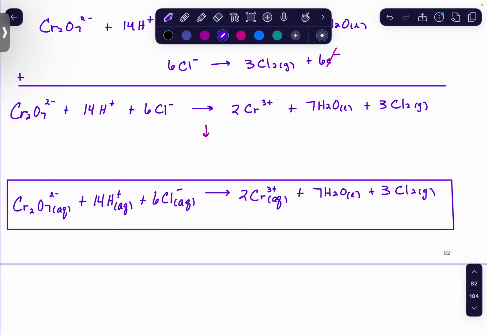So there's our final balanced reaction, redox reaction in an acidic solution. Again, acidic solutions need to end with an excess of protons.